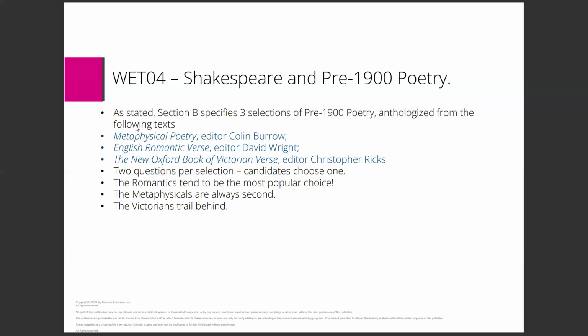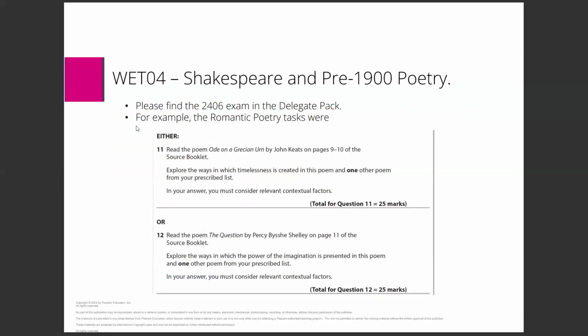Looking then at our three options, we often have a number of answers on the Romantic poets. Metaphysicals are also popular. We don't see maybe as many Victorians as we used to, but we have representation of all three across entries. Looking at the typical questions, we can see that, as with the Shakespeare, we are following a similar format each time.